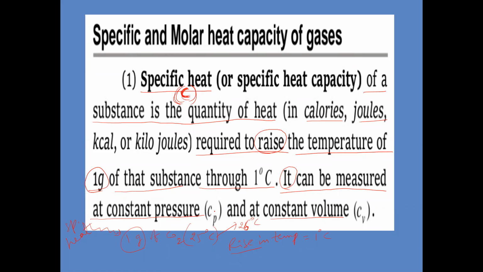What is CP? The specific heat of the substance at constant pressure. And what is CV? The specific heat of the substance at constant volume. CP and CV. Okay, so next.